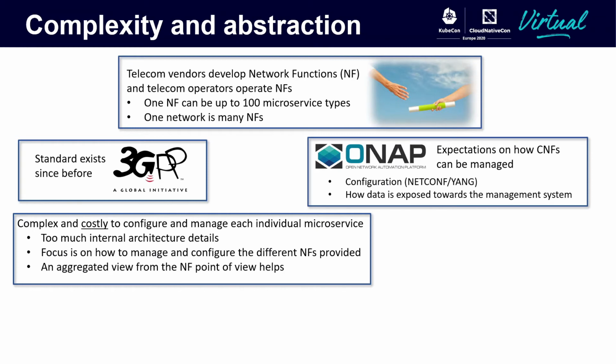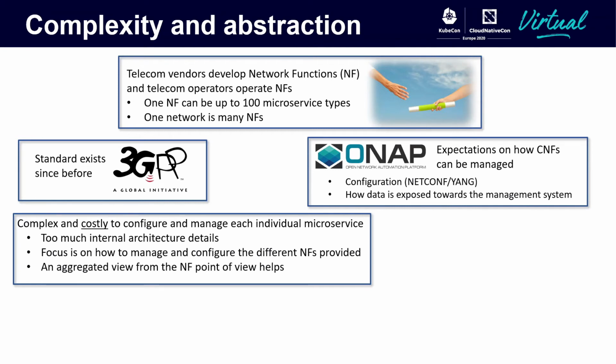And if you really look at a network function with up to maybe 100 different microservice types, it can easily become extremely complex and costly to configure and manage them on an individual microservice level. And of course, that puts a lot of internal architecture focus and detail on how you need to configure these kinds of things. And then keep in mind that the one who actually operates didn't develop them, so they typically don't have that kind of deep knowledge of the architecture as such.